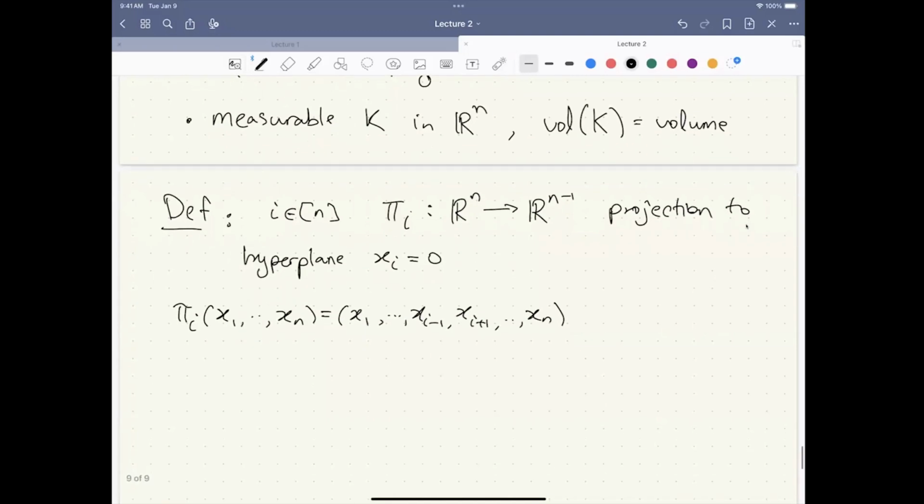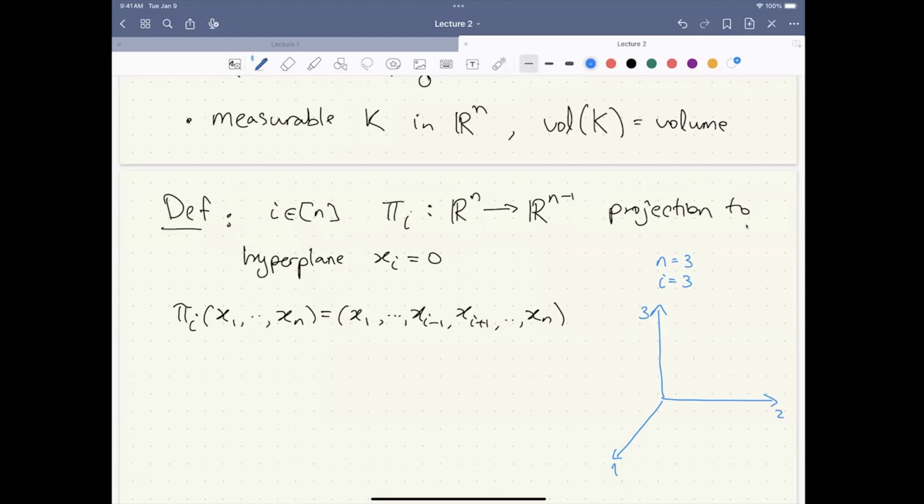Here's a picture. If we have n equal to 3, and i equal to 3 also, we have 3 directions: direction 1, direction 2, direction 3.